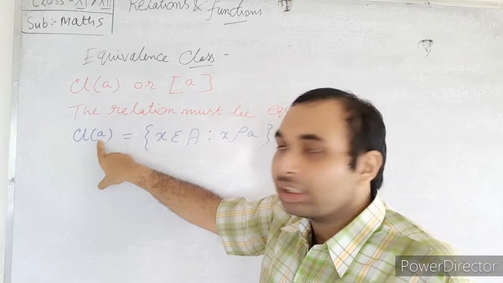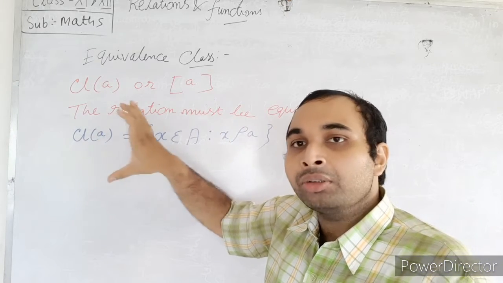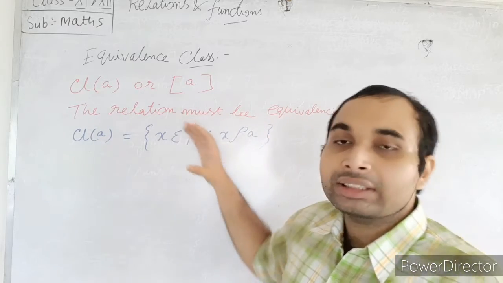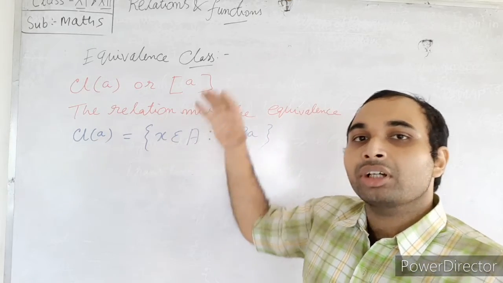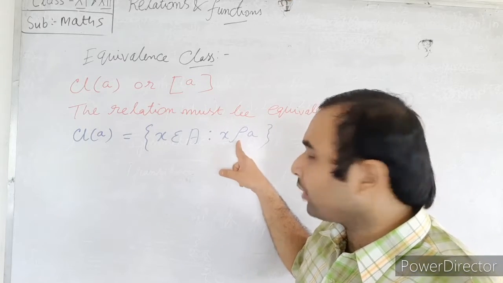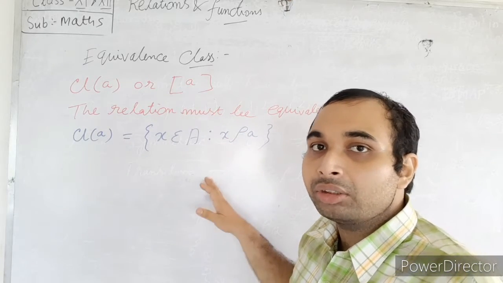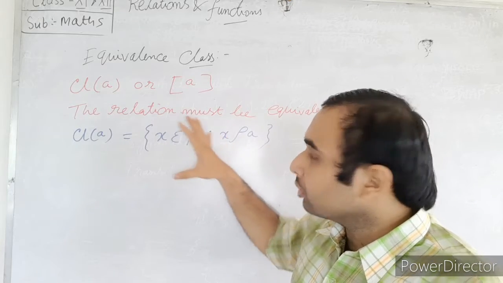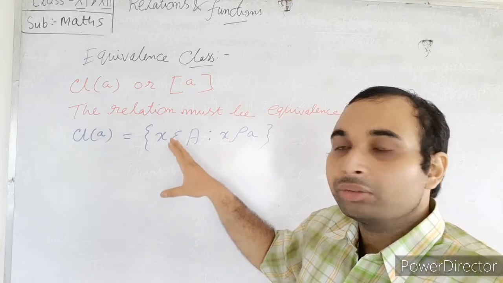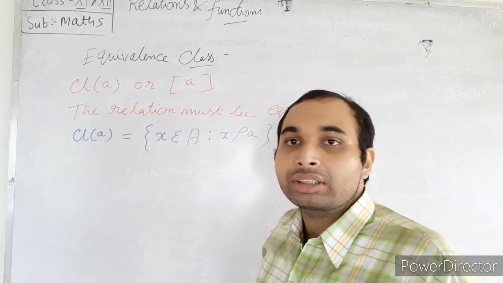We give one particular element, and we see which other elements of the set A make the relation with it. The relation is well defined. This collection of elements we will call the class of A.